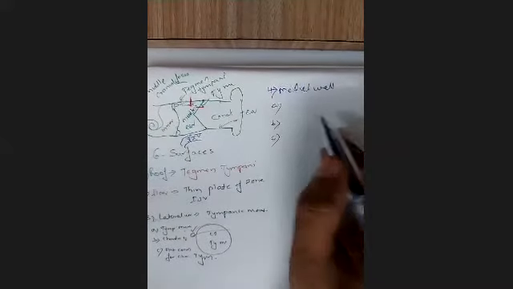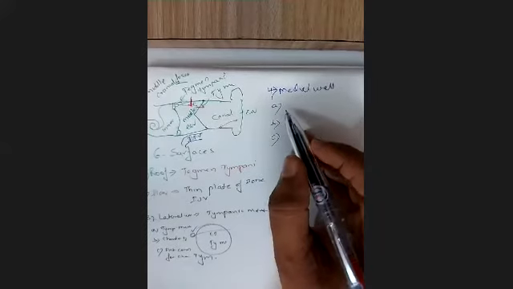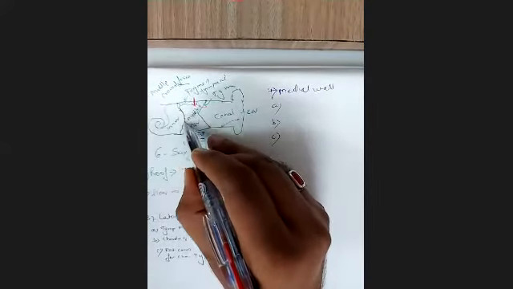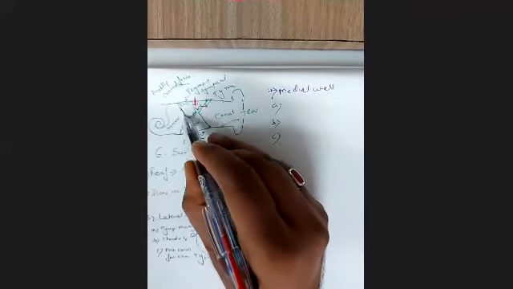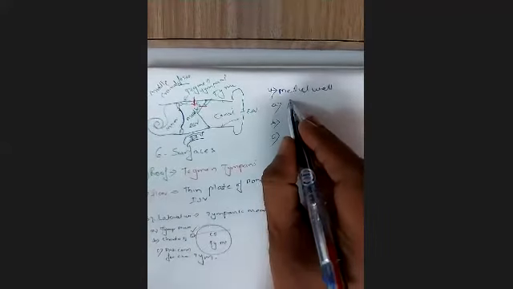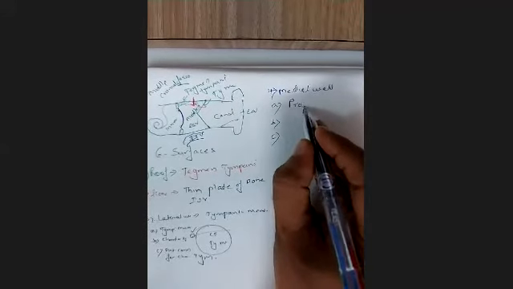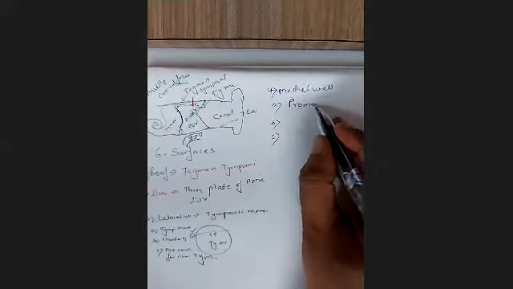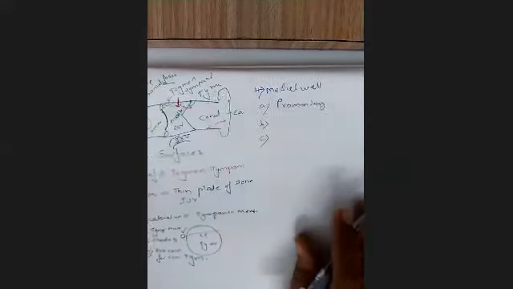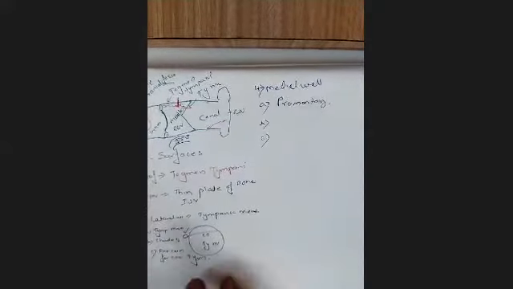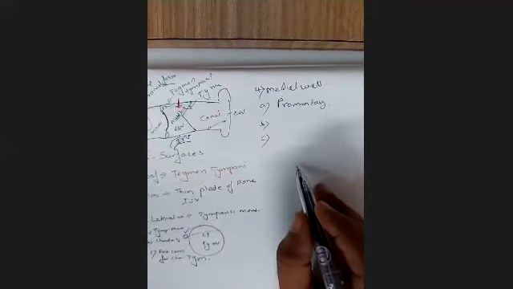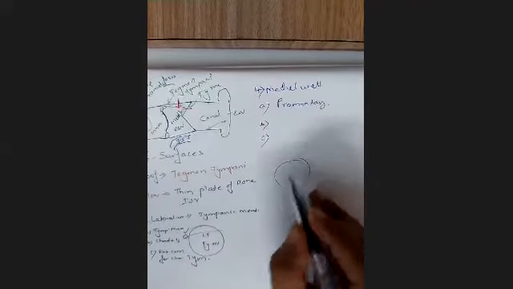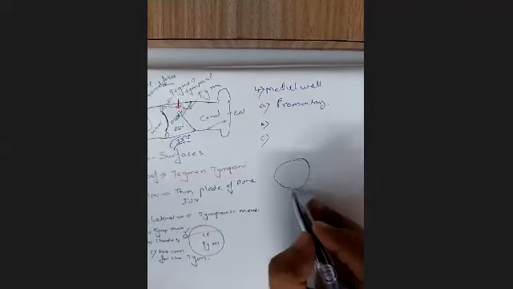So what is ABC in this? Here you can see a bulge. This bulge is called the promontory. When I look at the medial wall, I again see a bulge. This is not the tympanic membrane.